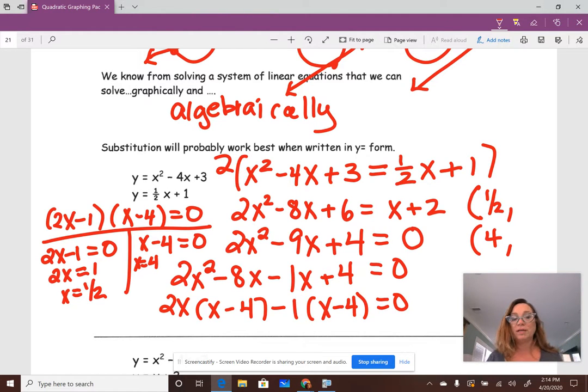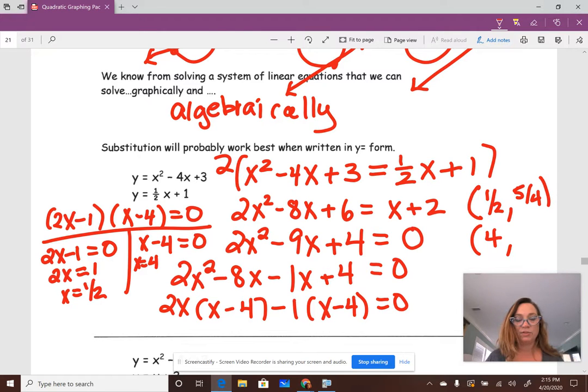So I'm just going to substitute those in for x. So 1/2 squared minus 4 times 1/2 plus 3 equals 1.25. So 1 1/4 or 5/4.